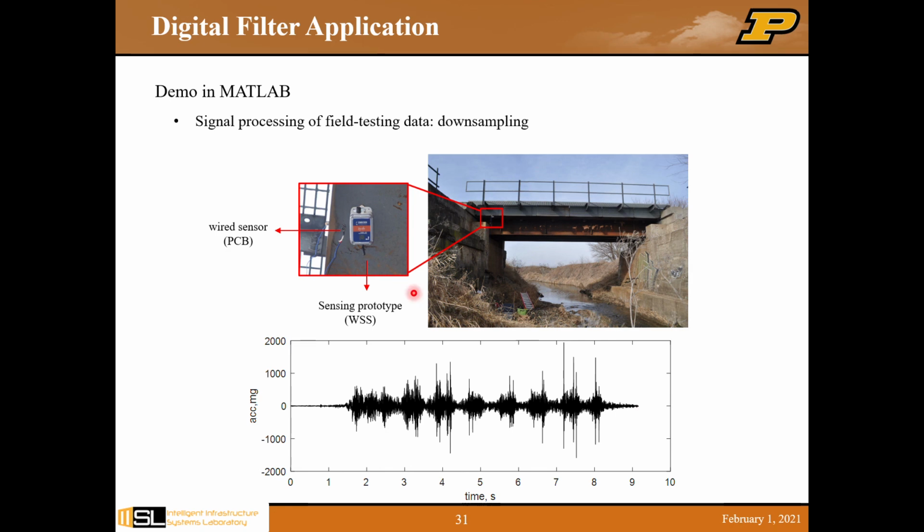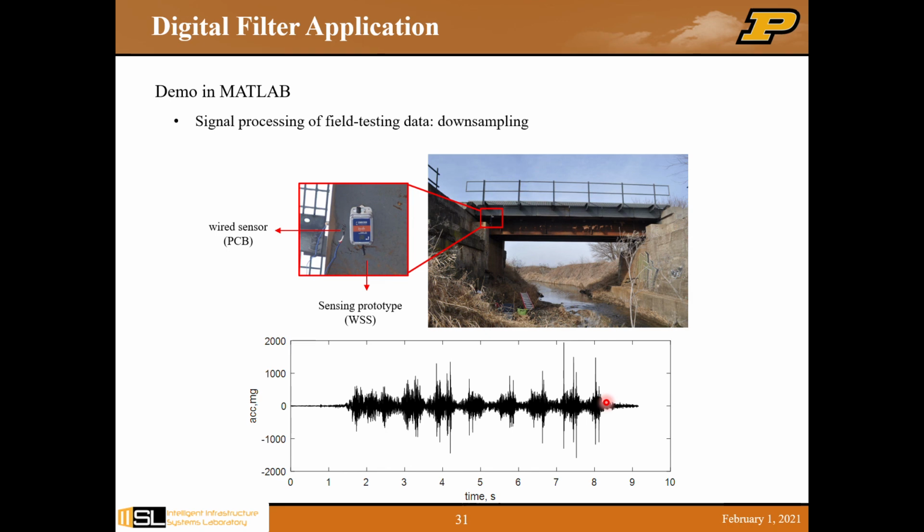So this is the setup from my PhD study. We put sensors beneath the bin of the railroad bridge, and we measure the bridge vibration when a train moves across. This is the data we got from the wire sensor. It has high frequency components, a high rate measurement.